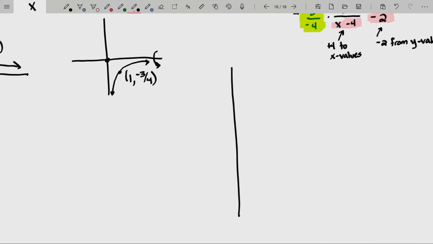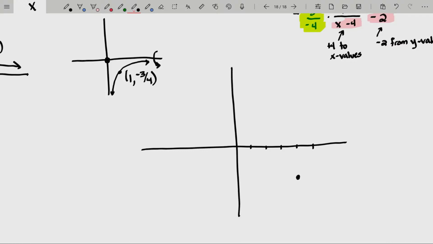That was very quick, right? So that anchor point at 0, 0 is now at 4, negative 2. 1, 2, 3, 4. 1, 2. Now I'm not going to label that. There's a very specific reason. And then the other point, which is at 1, negative 3/4, well, I add 4 to its x value, so it's at 5.